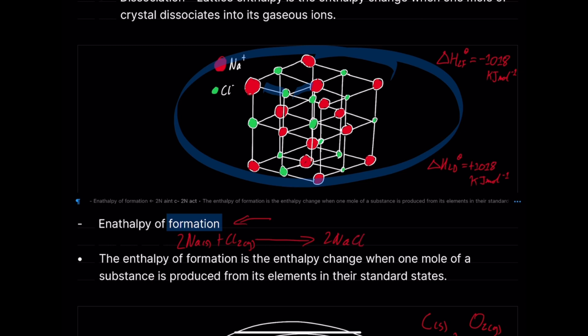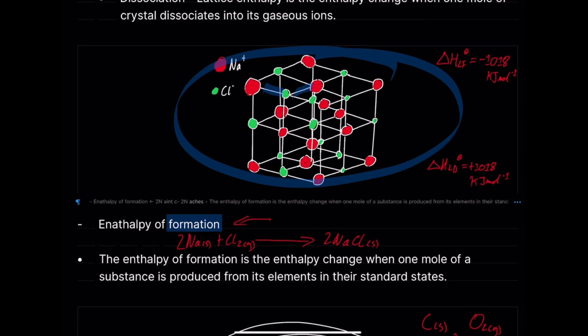Now that isn't what's actually happening in reality. It doesn't just go in one reaction. This is what enthalpy of formation would be: just the straight equation that you know, Na solid plus Cl2 goes to 2 NaCl. That is what you're used to.